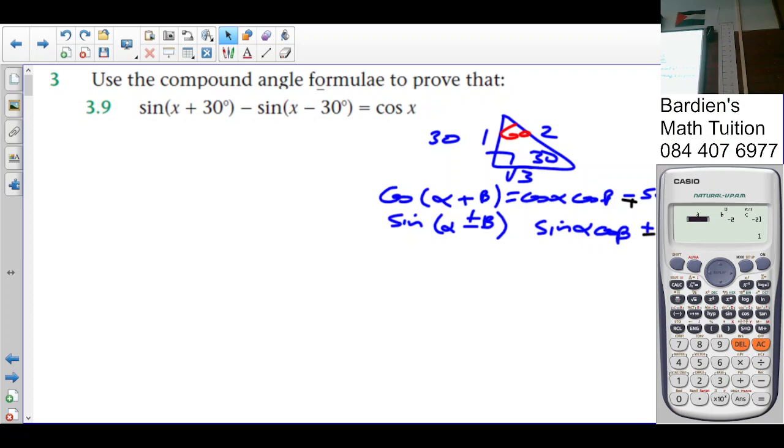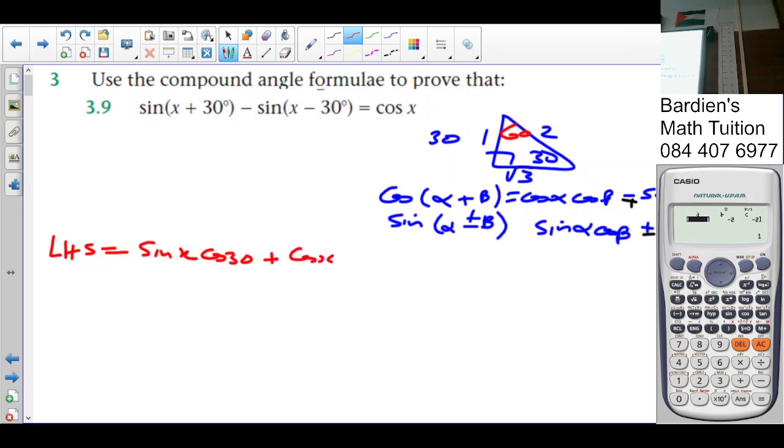The left hand side is definitely more complex. So sine x plus 30 will be sine x cos 30, same sign, so it's plus cos x sine 30.